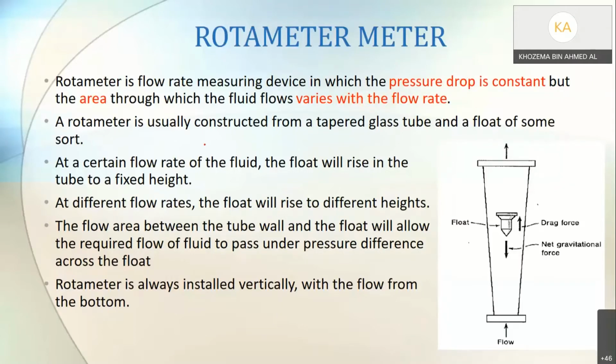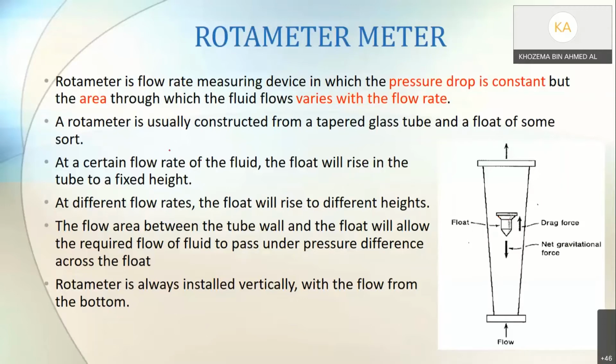But when we're talking about the rotameter, it is dependent on the area difference. That's why in the beginning of the class, I did mention that a rotameter is a variable area meter, meaning that based on the changes in the area of the rotameter, you will have a different flow rate.